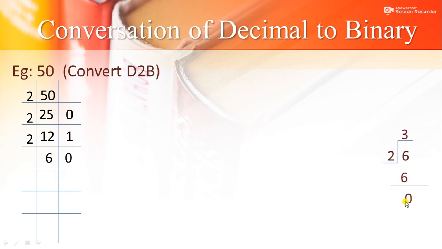So let's write 2, answer is 3, remainder 0. Again we will divide 3 by 2 only. As you can see on the screen, 3 is divided by 2, answer is 1 and remainder is 1. So write down that 2, remainder and answer. Answer is 1, remainder is also 1.